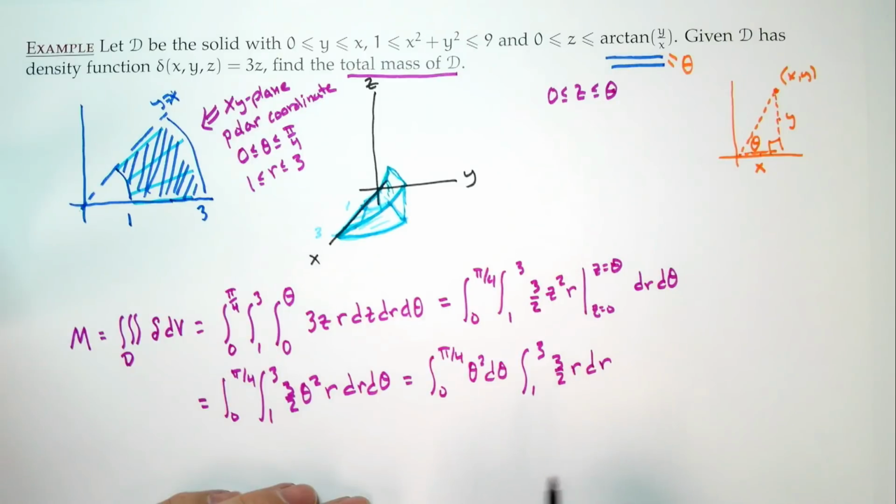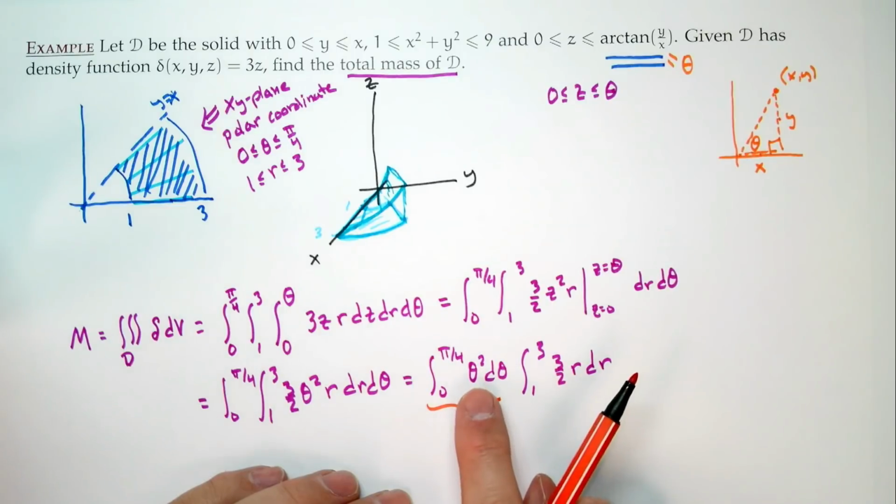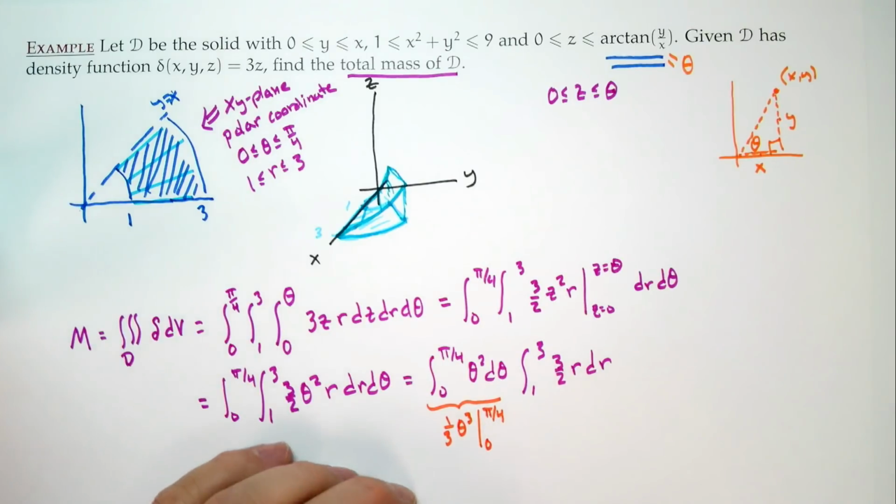Sometimes you can make bad choices, but that's all right. If you make bad choices, you work through it, and the next time, you'll make a better choice. Learning. Pass it on. Integral of theta squared is 1/3 theta cubed. Then we're going to go from 0 up to pi over 4.